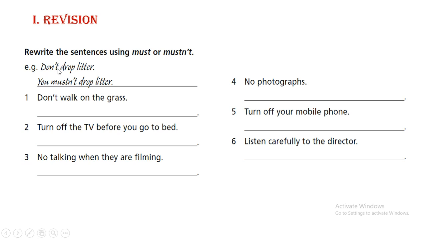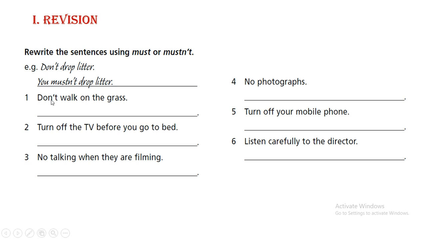This sentence doesn't have must, mustn't or have to, so you have to make a new sentence using must or mustn't. Make sure the two sentences have the same meaning. So you say, "Don't drop litter," and then you can say, "You mustn't drop litter."